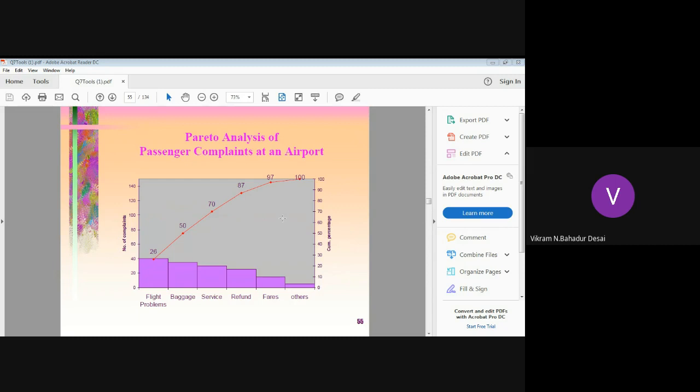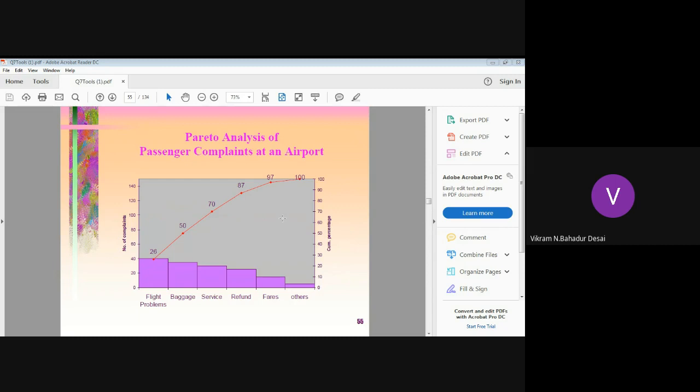So, passenger complaints in the airport. Here, if you see, flight problems, baggage and service cause 70% of the total complaints received in the airport. But what we do is we always focus on refund. We make it a major issue. We think that is the main important problem, or fares are very important for me.